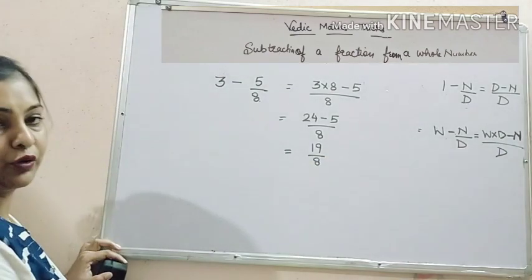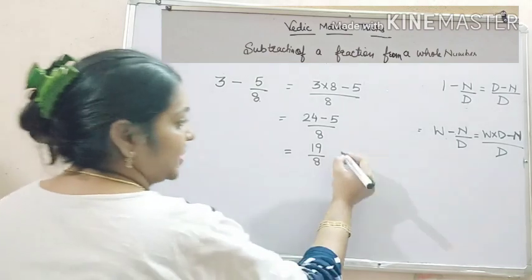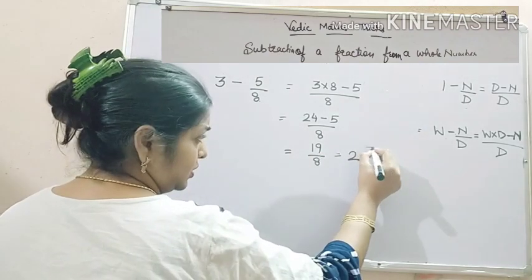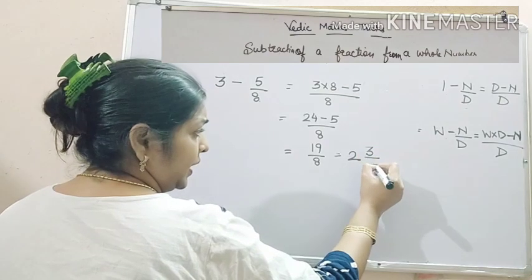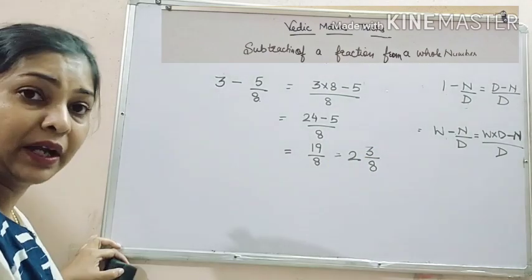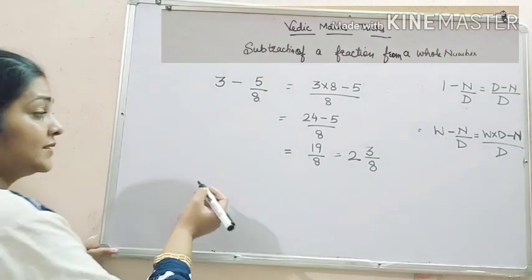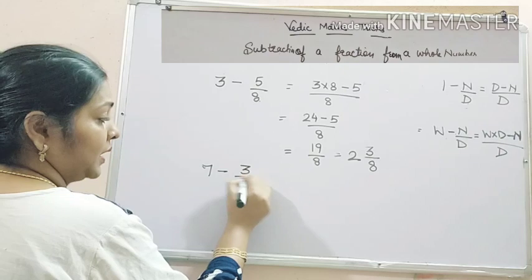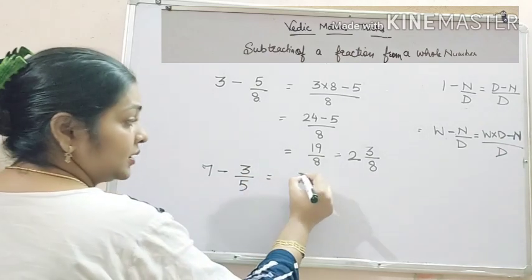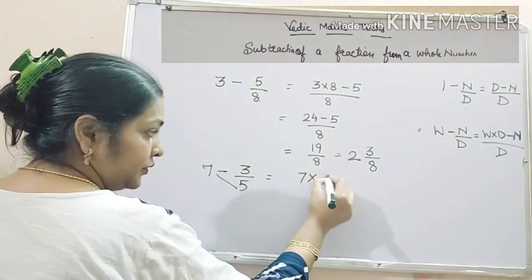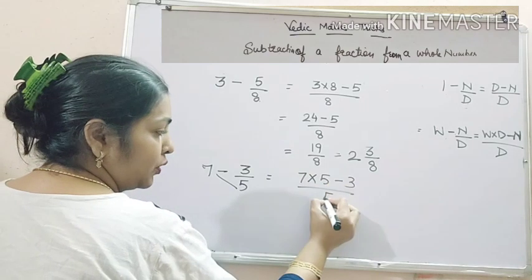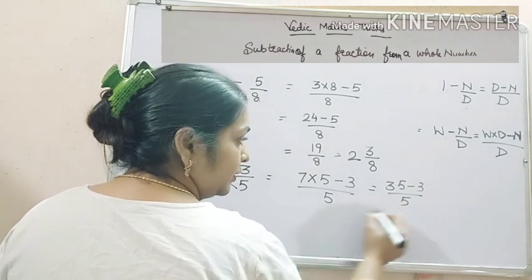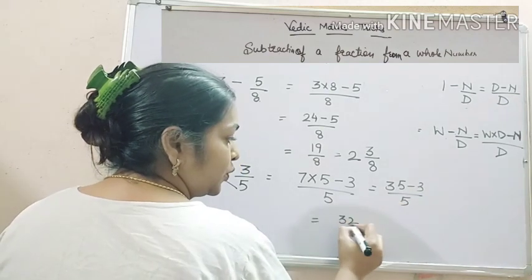And now you have to convert it into mixed fraction. It will be equal to 2 3 by 8. Let us do one more example. Let it be 7 minus 3 by 5. 7 into 5 minus 3 upon 5. 35 minus 3 upon 5. 32 by 5.